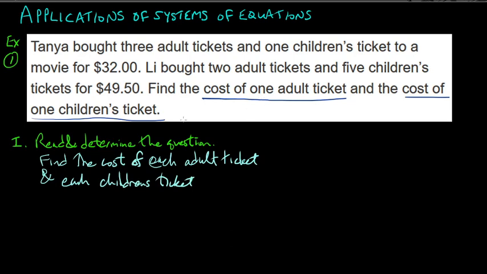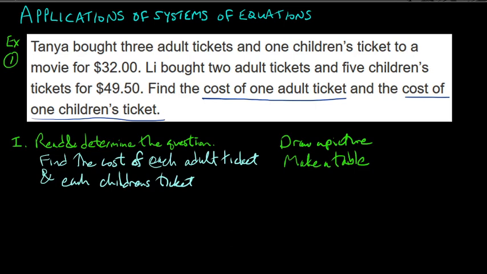Okay. Now, in other problems, of course, this might not be as obvious, or it might not be as easy to figure out what they're looking for. Again, just read the question carefully, and if it helps, draw a picture. In this case, I'm not going to draw anything, but in other examples, it might be helpful to draw a picture, or to make a table.